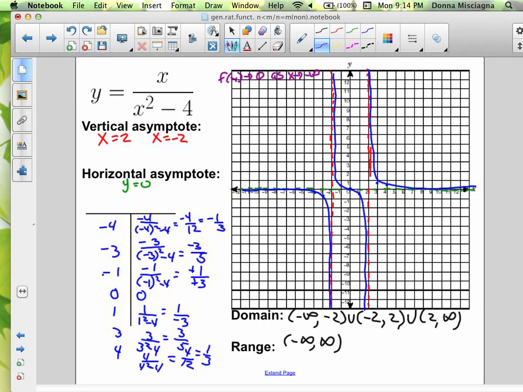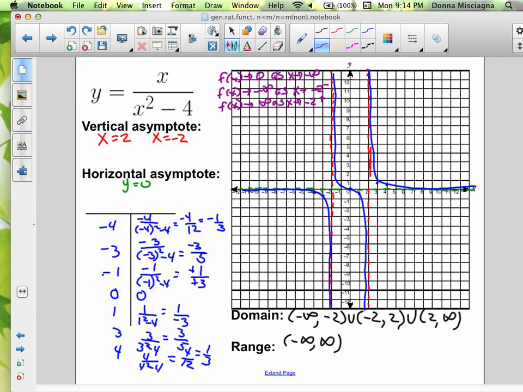As we approach the first vertical asymptote, negative 2, f of x approaches negative infinity as x approaches negative 2 from the left. That's what makes it a vertical asymptote, that our function is going to go to infinity or negative infinity as we get close to that asymptote. And then f of x is going to approach positive infinity as x approaches negative 2 from the right.